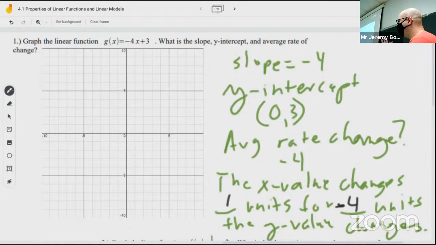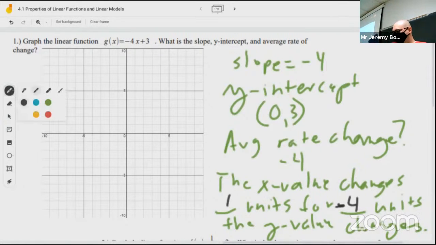Like, what does that slope mean? It means that x is changing 1 unit for every -4 units y value changes. And you could make it -1 and +4. You could apply the negative wherever you like. Any questions on that?